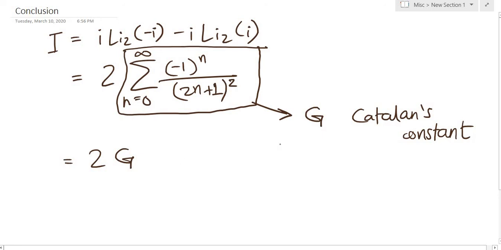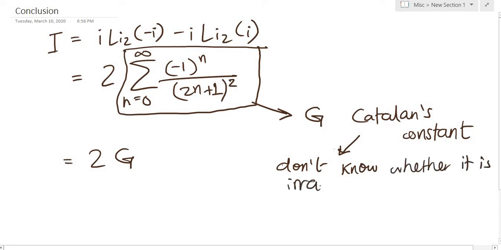Not much is known about Catalan's constant, because we don't know whether it is irrational or not, let alone its transcendentality. So we can just estimate it.